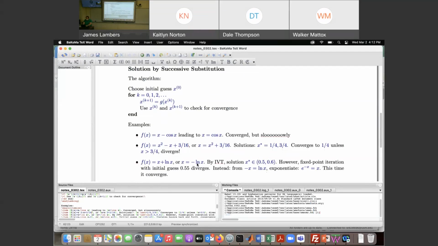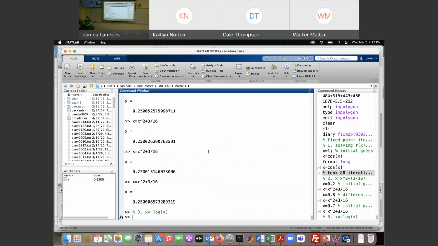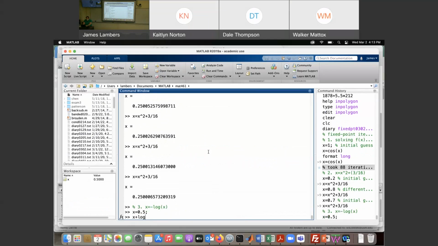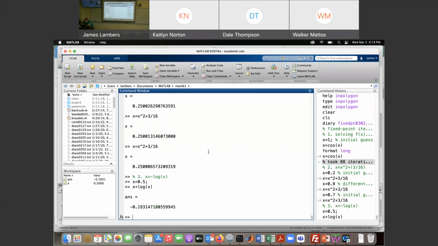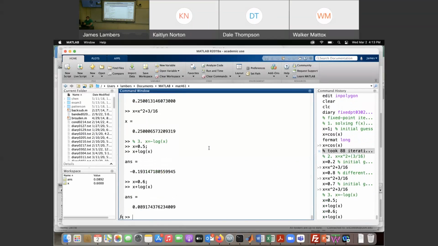So if I consider x equals 1/2 and plug that into my function, it is negative. If I substitute in 0.6 into the function, that is positive.